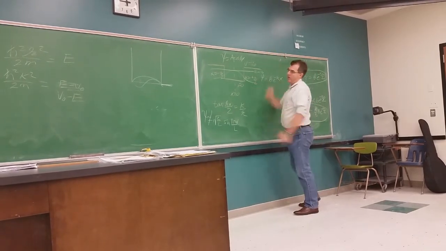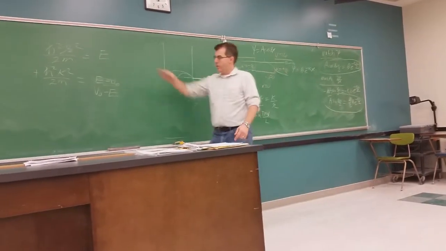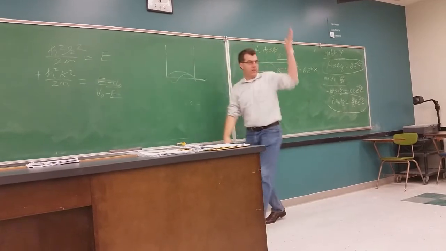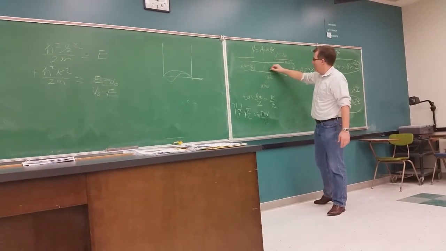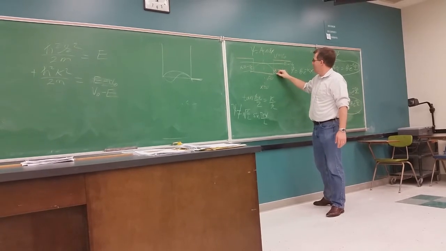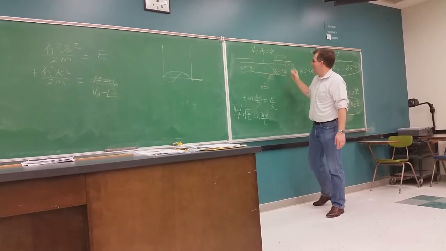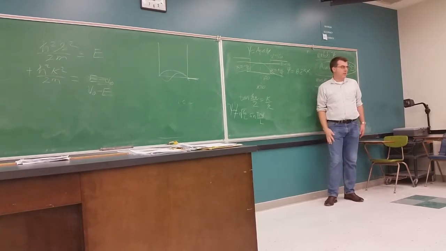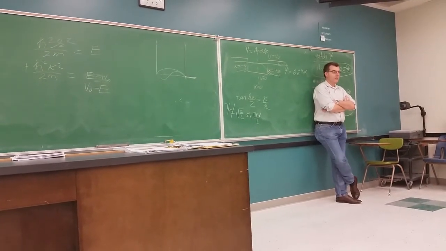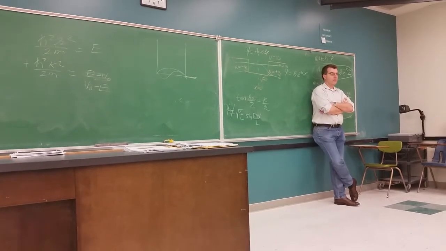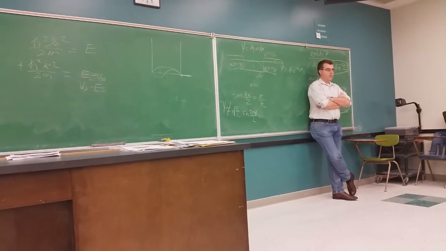The larger the barrier height, the larger kappa, and so the faster e to the minus kappa x decays. So the larger the barrier height, the closer this gets to 0, but it's not actually 0. Does that make sense? Other questions?